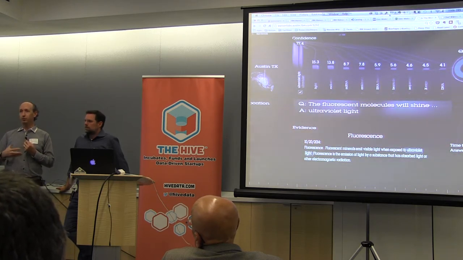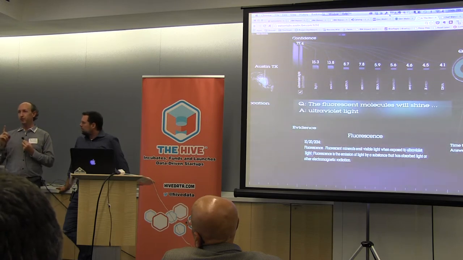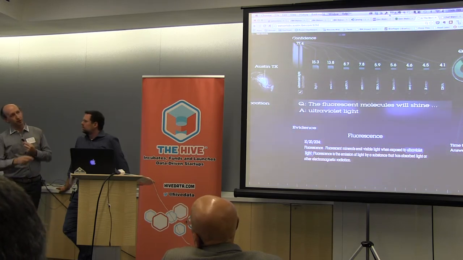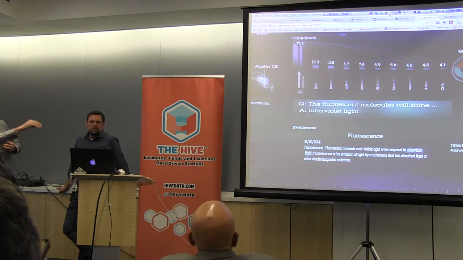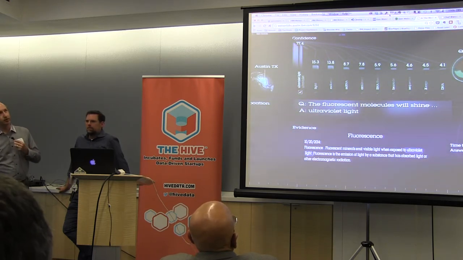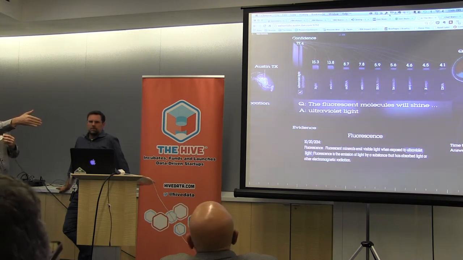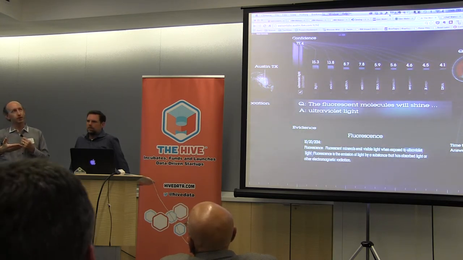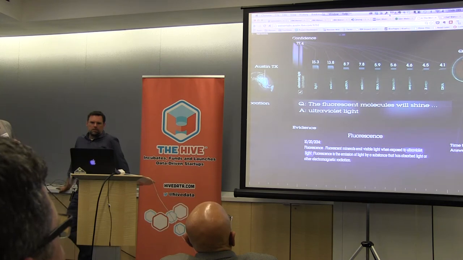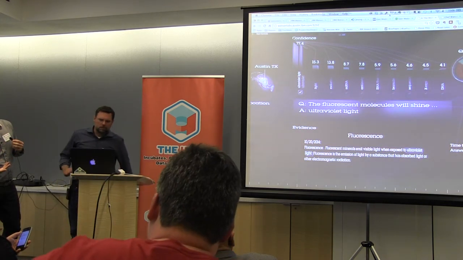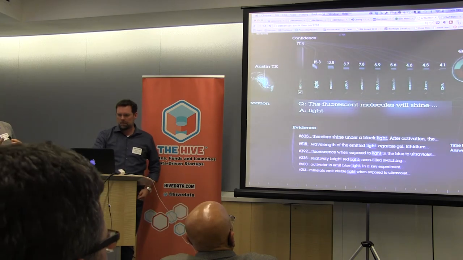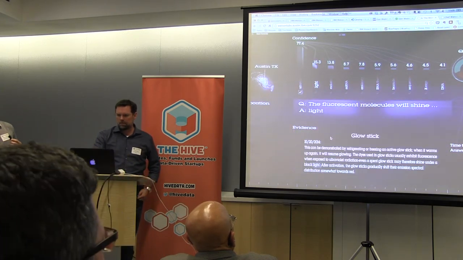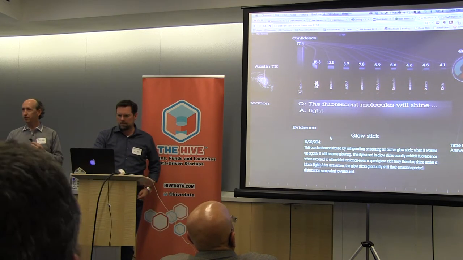And the brilliant thing about it is it doesn't look for one answer. John was showing up here, you see the confidence scores. Each one of those is a potential answer. In this case, you can see that for the fluorescent molecule will shine when exposed to this, Watson has come up with probably 10 different potential answers.